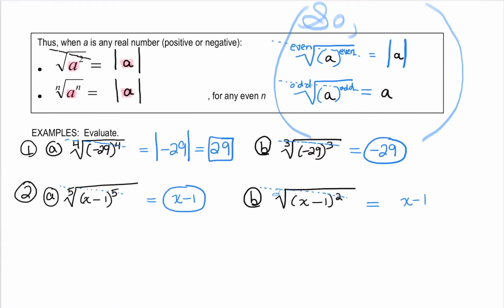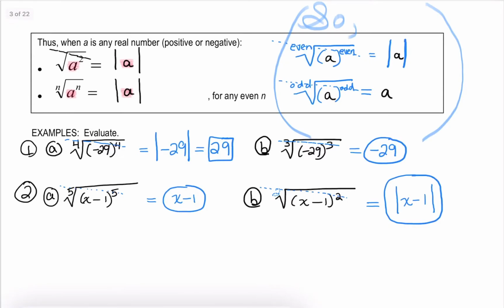The only question is, do I need the absolute value bars? Yes, I do here because I have 2, which is even. And unlike number 1 part A, where I could actually evaluate the absolute value of negative 29, here I can't. I have a variable in there, so you just have to leave it as the absolute value of x minus 1.